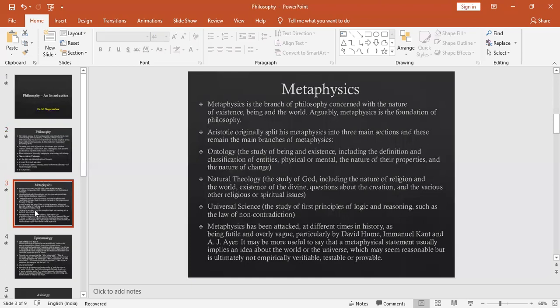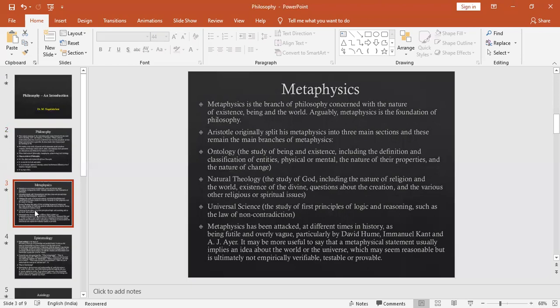Metaphysics is the branch of philosophy concerned with the nature of existence, being, and the world. So arguably, metaphysics is the foundation of philosophy, right? Existence is the very essential thing in our life. So this is the foundation of philosophy.